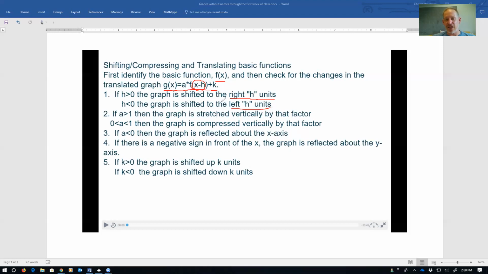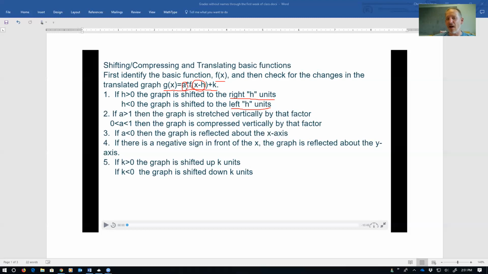That's the inside change. This constant out in front is going to be a multiplicative constant. So we're going to multiply the function, an outside change, and that's going to have the effect of stretching or compressing the graph vertically. So if this constant is positive and greater than 1, then it's going to stretch the graph vertically.